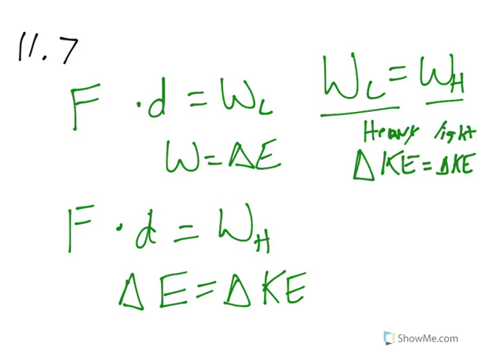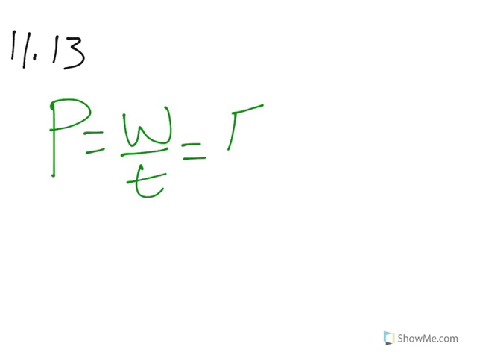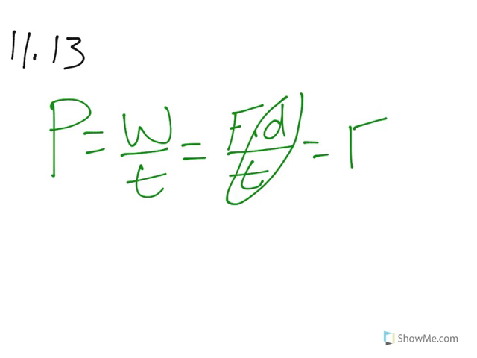All right? Number 11.13. What power motor is needed to lift a 2,000 kilogram elevator at a steady 3 meters per second? Well, remember that power is equal to work divided by time, but also remember that force times distance divided by time is equal to power, because work is force times distance. Then remember that distance divided by time is equal to velocity. So what we need to do is to find the force that's having to be lifted times that velocity.